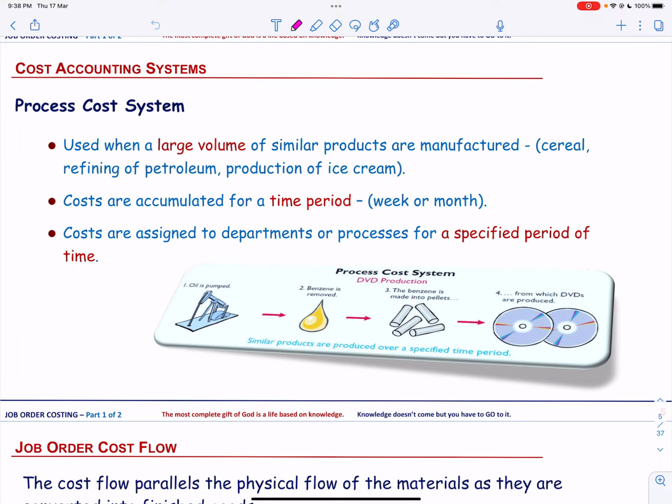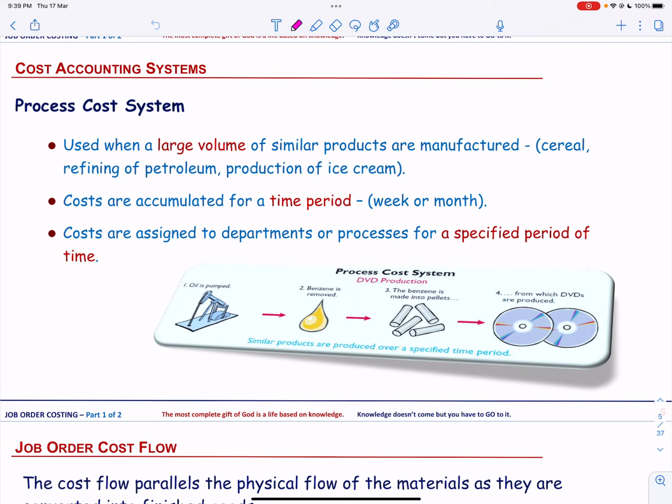Process costing accumulates product-related cost for a period of time. A company can use both types of cost systems. For example, General Motors uses process cost accounting for general customers and job order cost accounting for a custom-made limousine for the President of the United States.